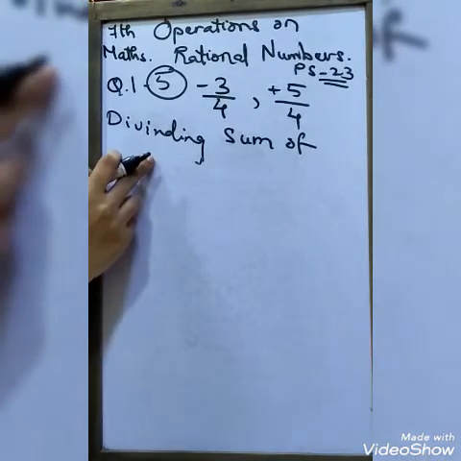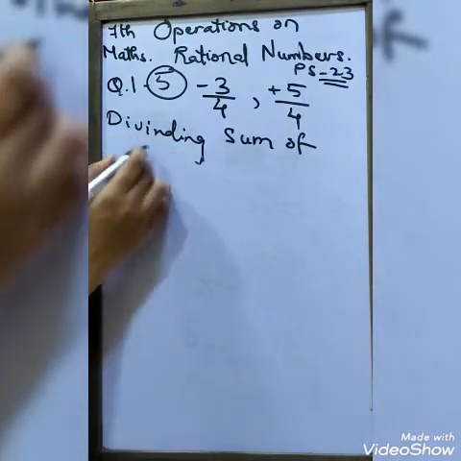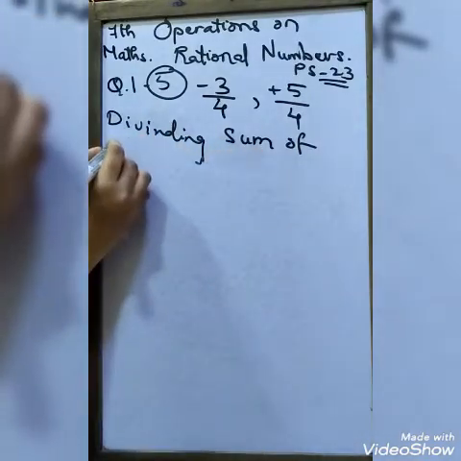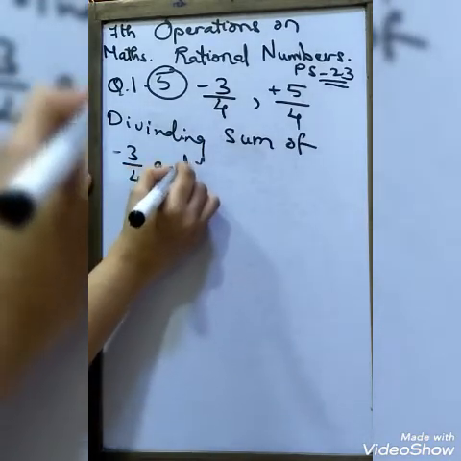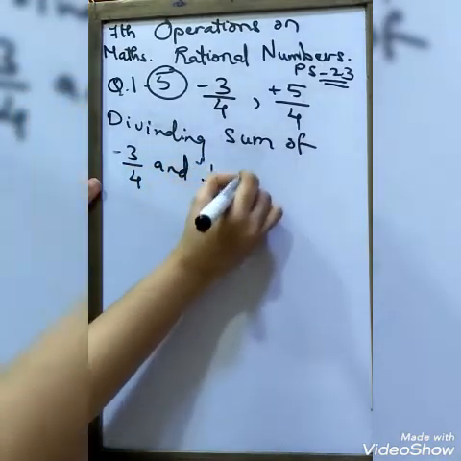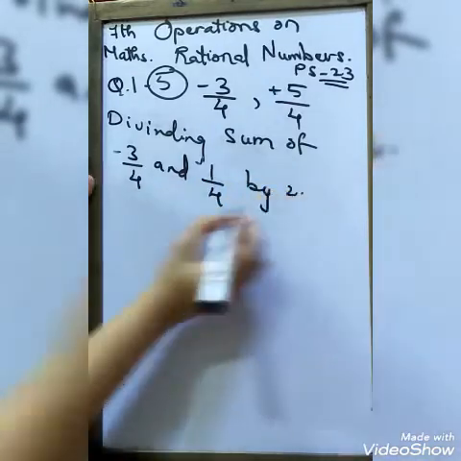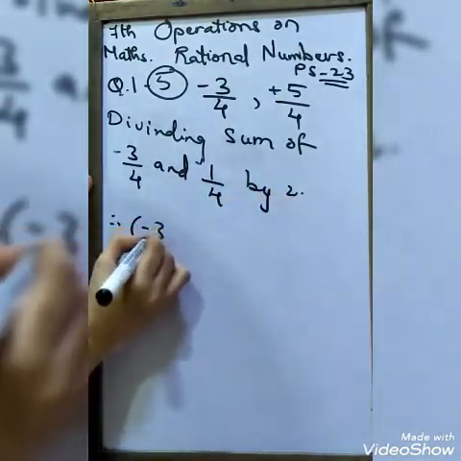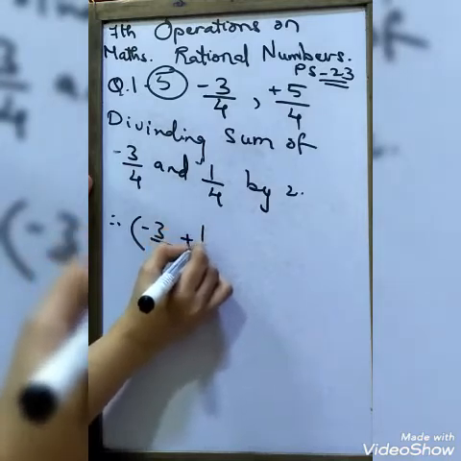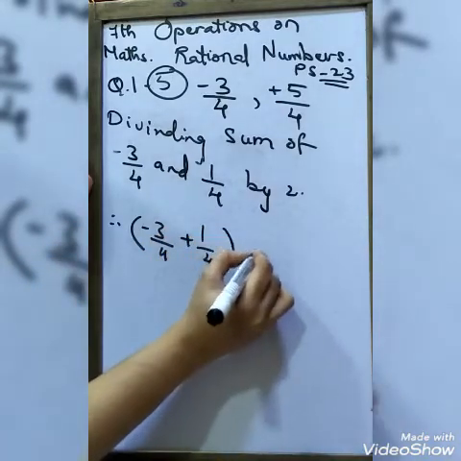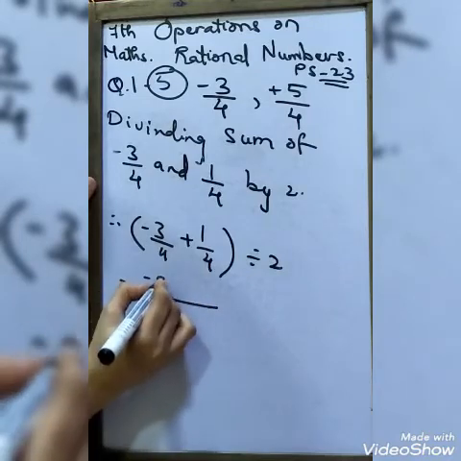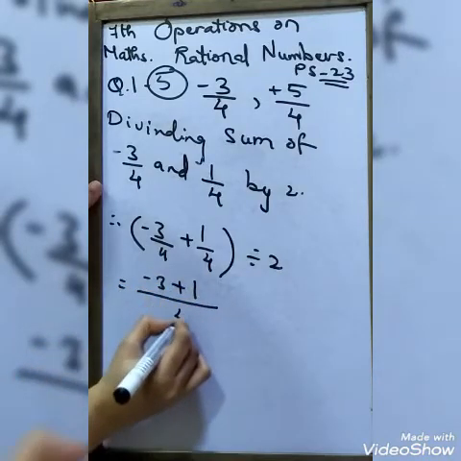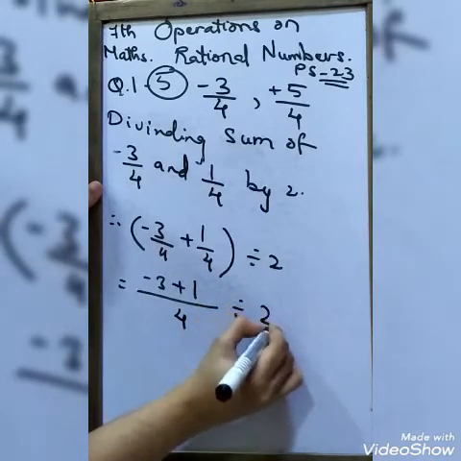Now for finding the second number, what we are supposed to do is divide the sum of minus 3 upon 4 and 1 upon 4 by 2. So minus 3 upon 4 plus 1 upon 4 divided by 2 equals minus 3 plus 1 upon 4 divided by 2.